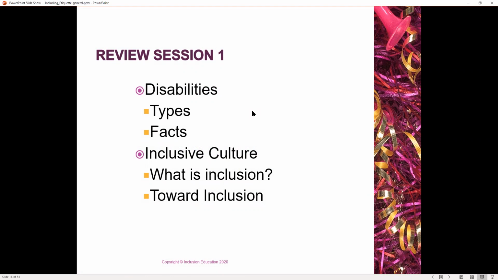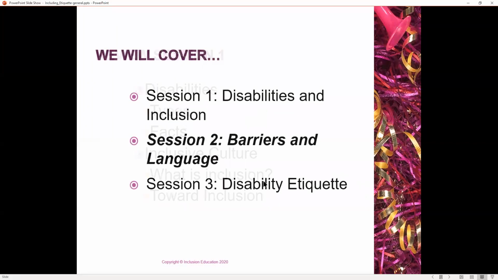We broke it down into 6 categories, talked a little bit about what each of those categories is referring to. And then we talked about some facts about disabilities and things like 1 in every 4 adults in America have a disability. Talked about inclusion culture, what it means, how do we get there? Talked about that yesterday. Now today we're going to talk about barriers and language.